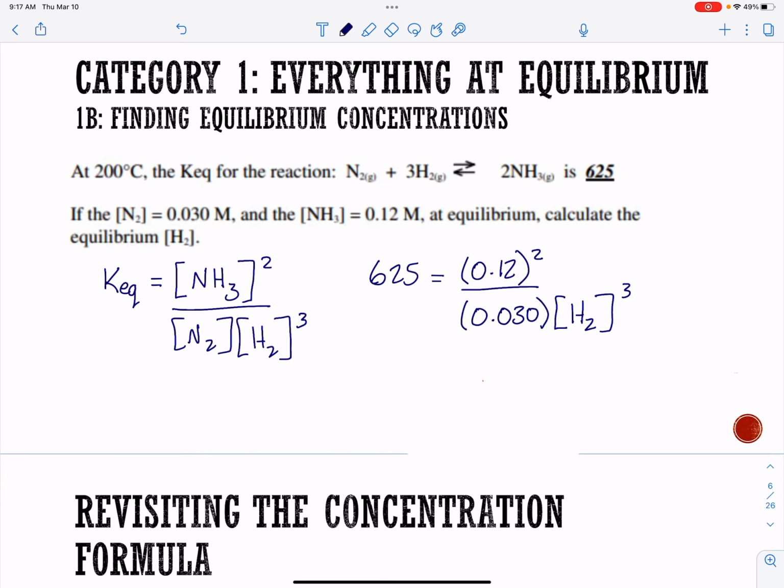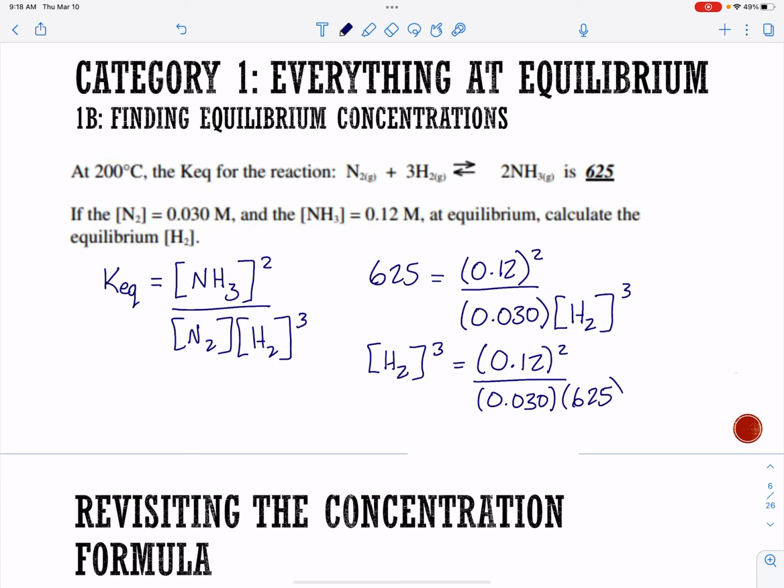With this one, I'm going to do a little bit of rearranging the equation, so I'm going to swap the 625 and the H2. And then to get rid of that cubed, I'm going to cube root the whole thing. So you can do this in one step in your calculator, or you can do it in a couple of different steps.